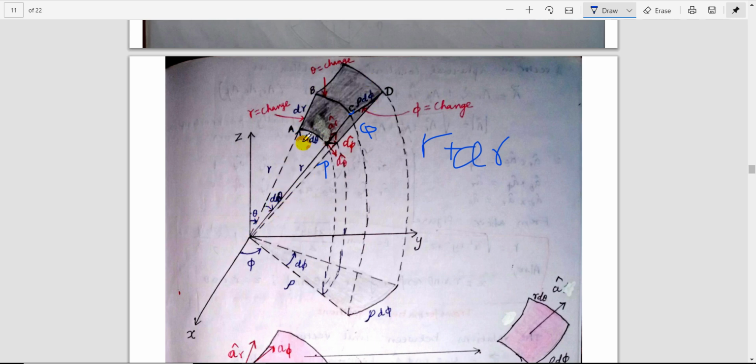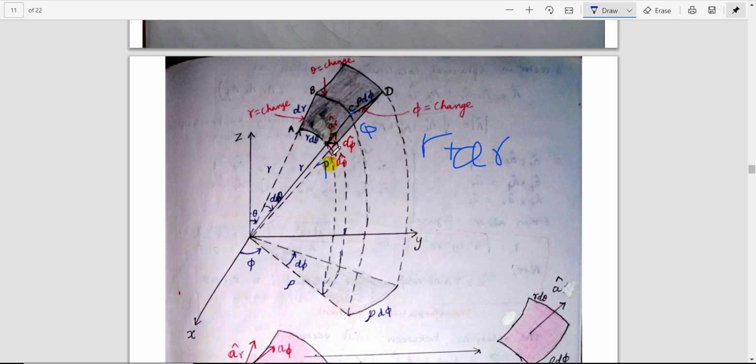Then the arc length created by that angle can be said to be r into d theta. As we have seen in the cylindrical coordinate system as rho d phi, likewise we can define the arc length as r into d theta.